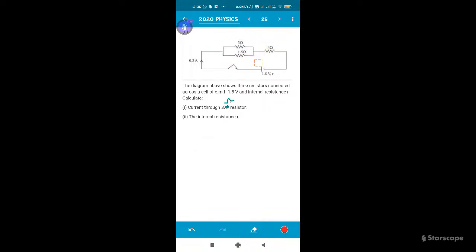Now let us find the value of this combination in order to find the potential difference across this particular combination. So you have 3 ohm and 1.5 ohm, they are present in parallel to one another. So the equivalent resistance can be found out by using the formula 1 by 3 plus 1 by 1.5. If you calculate it, you will get the value of Rp as 1 ohm.